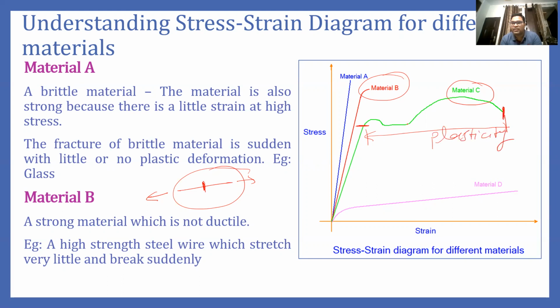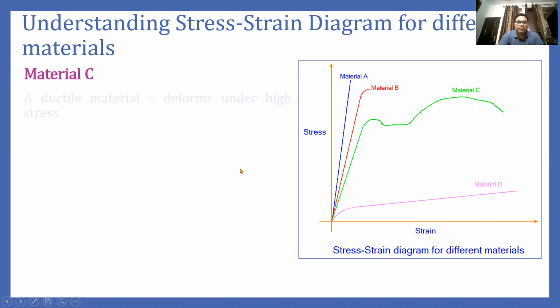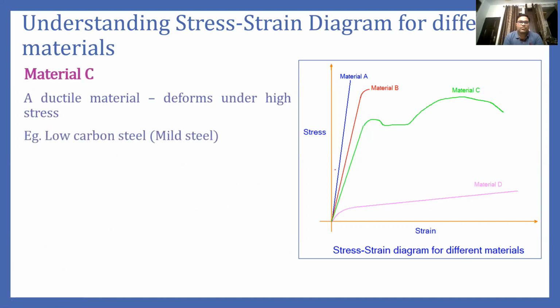Before breaking, it shows a lot of deformation, and this behavior is known as ductile behavior. So material C can be termed a ductile material, which has an elastic region, and it will also show a lot of deformation before failure. Low carbon steel or mild steel are the best examples for material C.